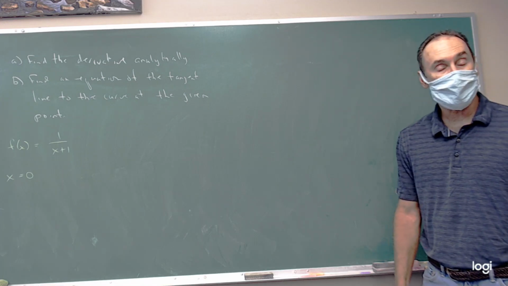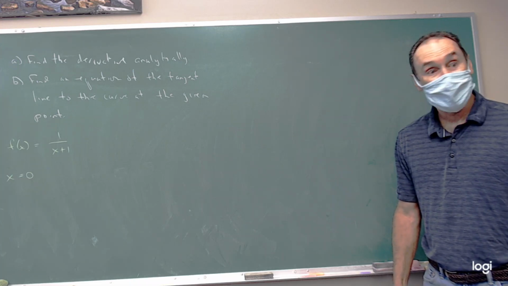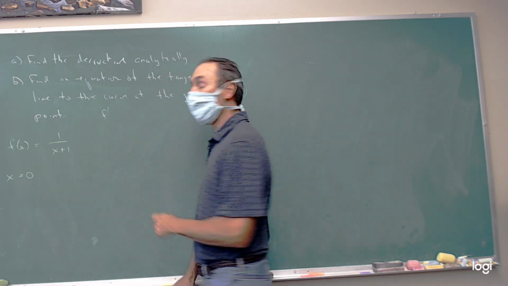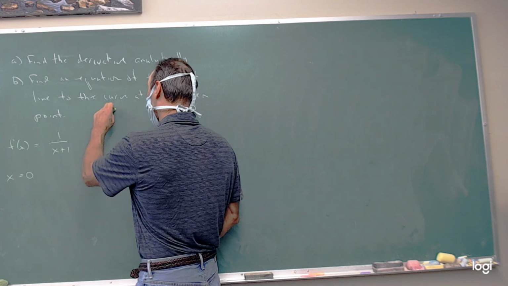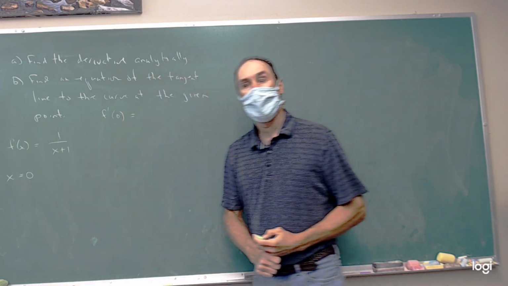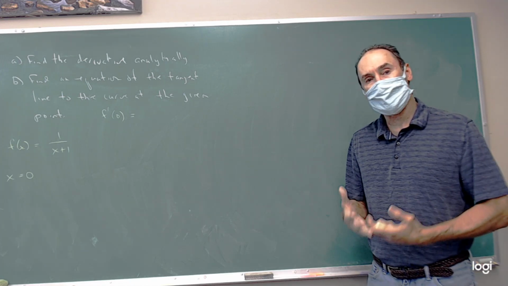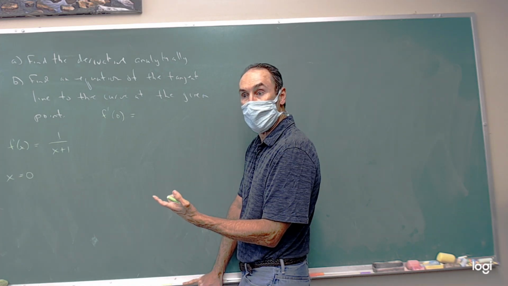Any idea how we're going to start this thing? You said f prime of x? Okay, so f prime, more particularly f prime of a. And what is our a? 0. Okay, so we want exactly f prime of 0. Okay, so our definition of the derivative at 0 is going to be, what does that look like?